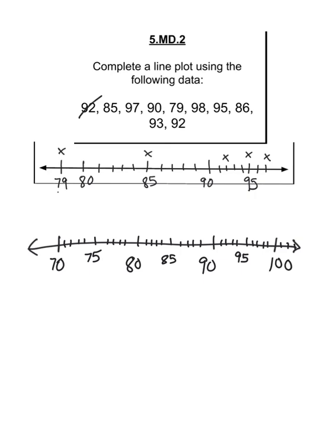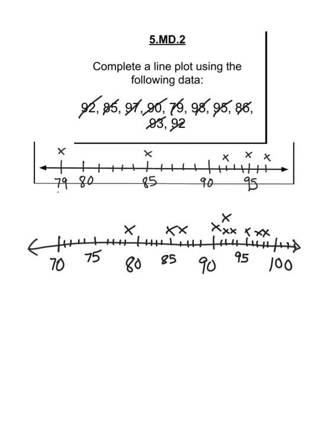Okay, 92, 1 there, 85, 97, 90, 79, 98. That's a squish. Okay, 95, 86, 93, 93, and 92. There we go. Got 2 92s. All right, there we go.